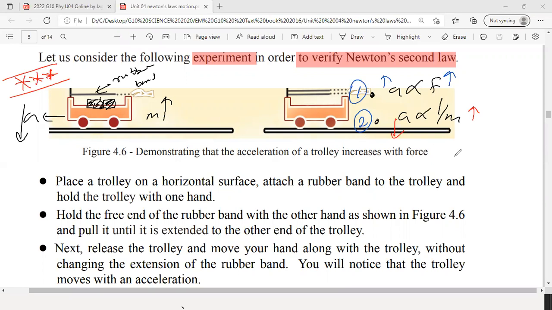The second fact is: acceleration is inversely proportional to the mass. You can write this as a mathematical expression, or in words. So no need to memorize. If you can absorb this and keep it in your head, that's it. If you study this once before the exam, that's enough.